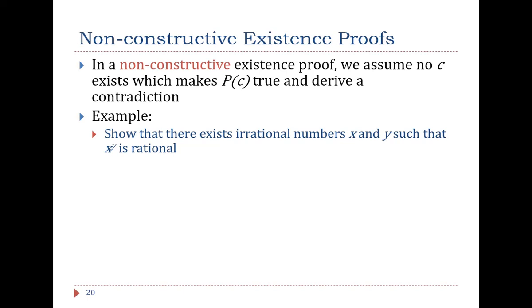So what we can do, we can show that there are irrational numbers such that X to the power of Y is rational. Well, in this case, instead of finding them, because you have a very large domain, checking all the instances sometimes.